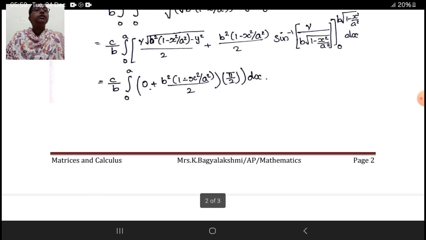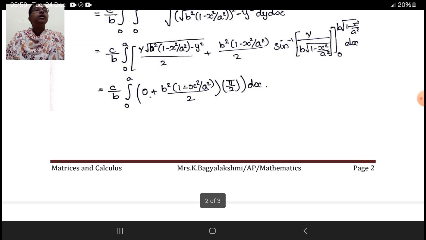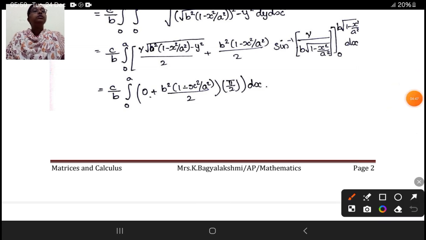After integrating, apply the limits. When applying the limits, each term appears twice, so the plus or minus terms cancel and become 0. In b square and y square, you replace those values and the plus or minus terms are cancelled. The first term becomes 0.